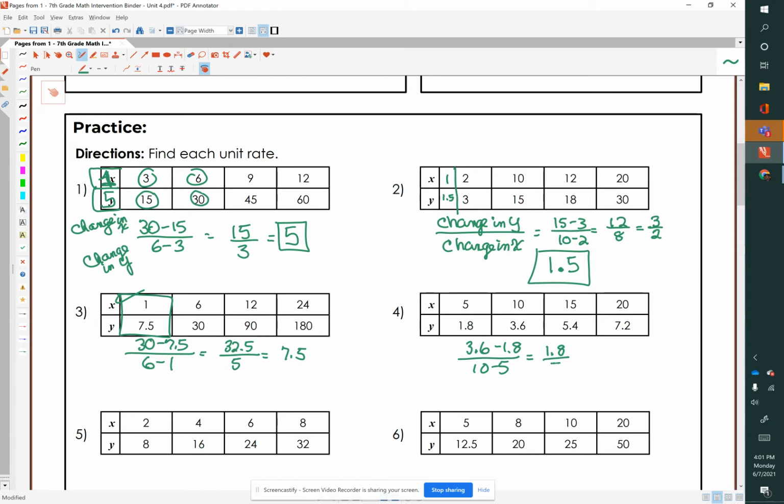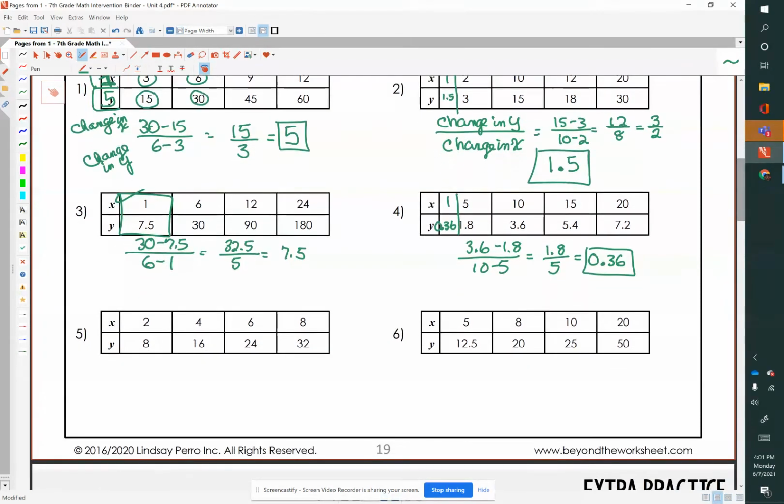And 10 minus 5 is 5. And 1.8 divided by 5 equals, I think it's going to be 0.36. Yep, 0.36. So I'll do a heads up 0, 0.36. So that is our unit rate. So if I had a 1 here, this would be a 0.36.